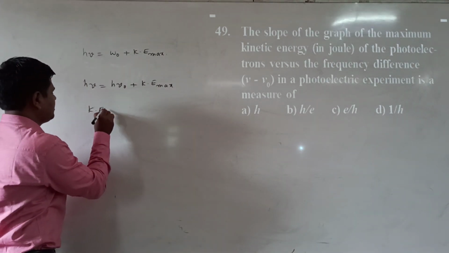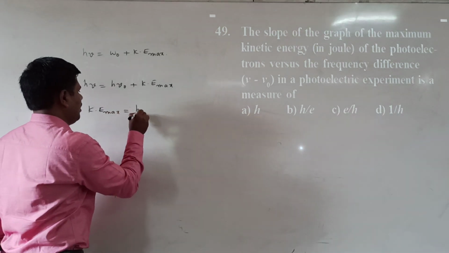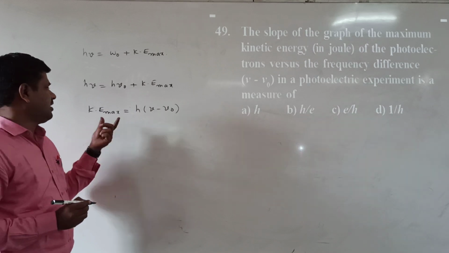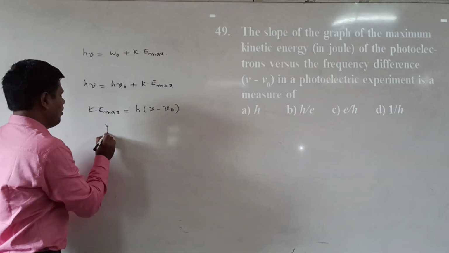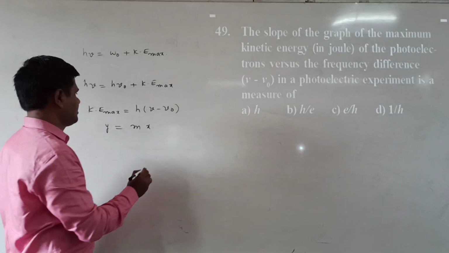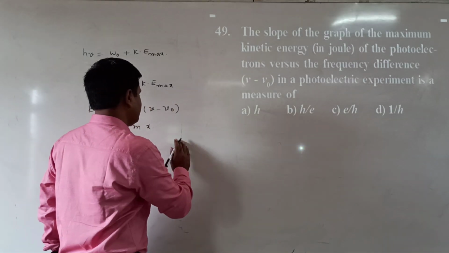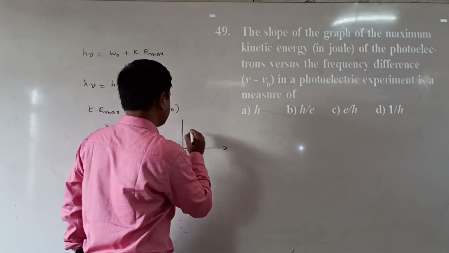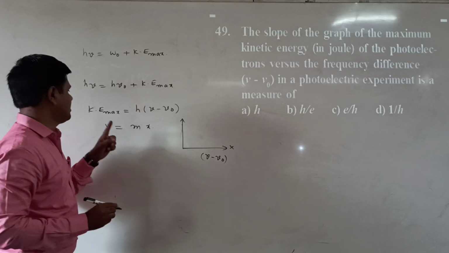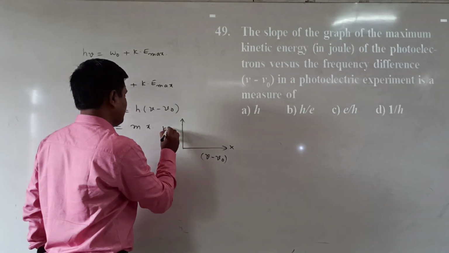So maximum kinetic energy is equal to h into nu minus nu naught. This is in the form of y is equal to mx. Nu minus nu naught is taken on the x-axis, and maximum kinetic energy is taken on the y-axis.